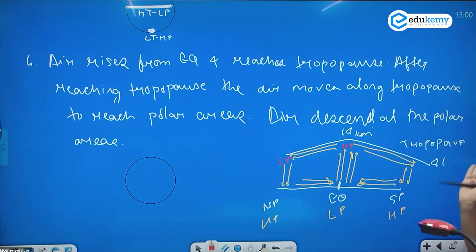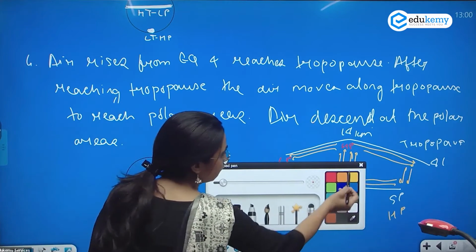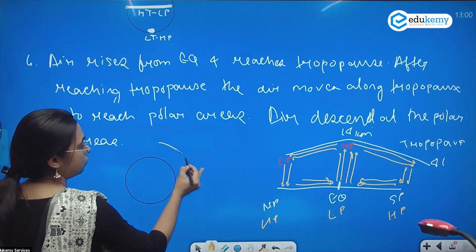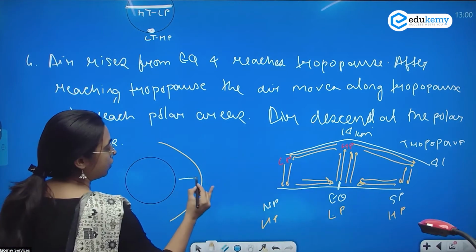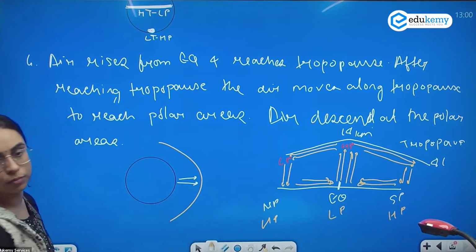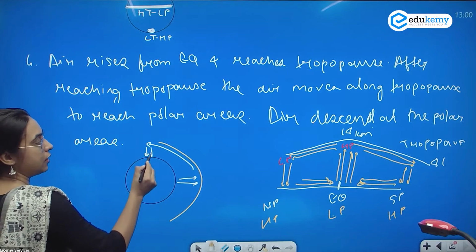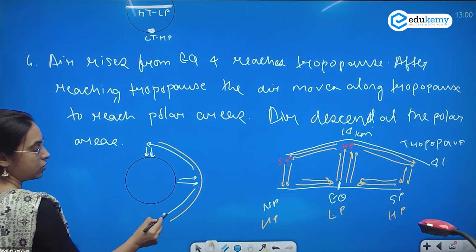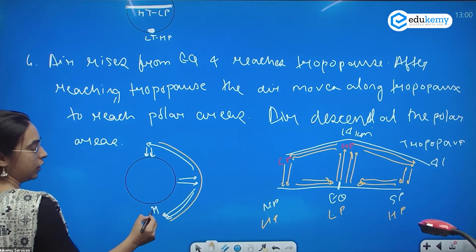Can you see, the wind is always moving from high pressure to low pressure. You can also show this here. This is the wind rising from the equator, reaching the tropopause, cooling and descending, moving along the tropopause, reaching the polar areas, cooling and descending.